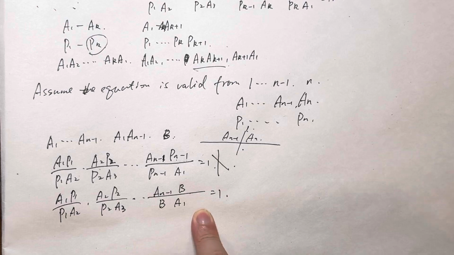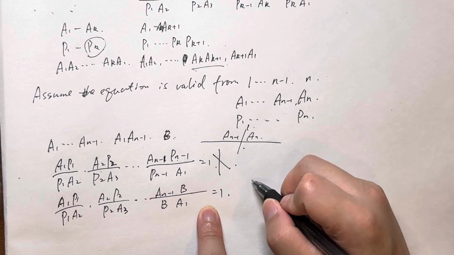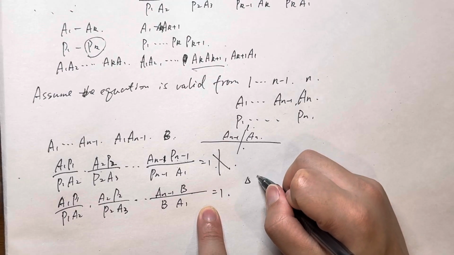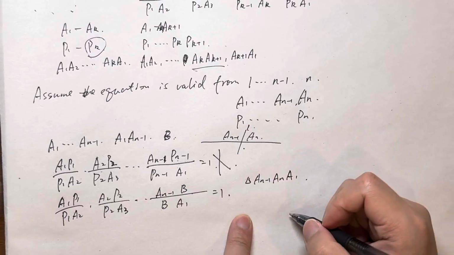This is correct. And now we can use the Menelaus theorem on the triangle An minus 1 An A1, right?